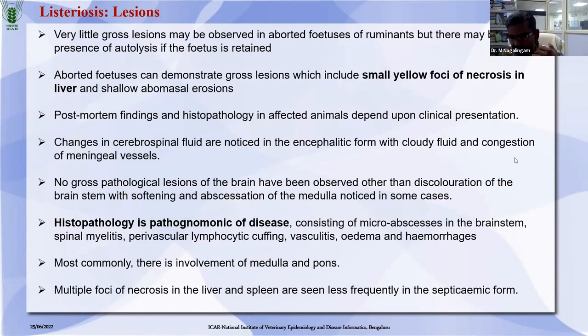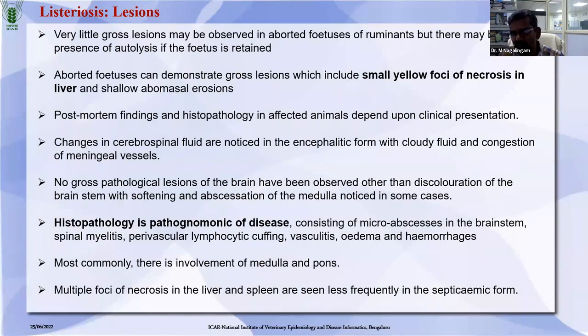Even when we are doing postmortem, seeing only the forebrain, we may conclude the brain is perfectly all right. But if you see the brain stem, then we can understand things. And this histopathology is of pathognomonic importance, having micro abscesses in the brain stem, spinal myelitis.